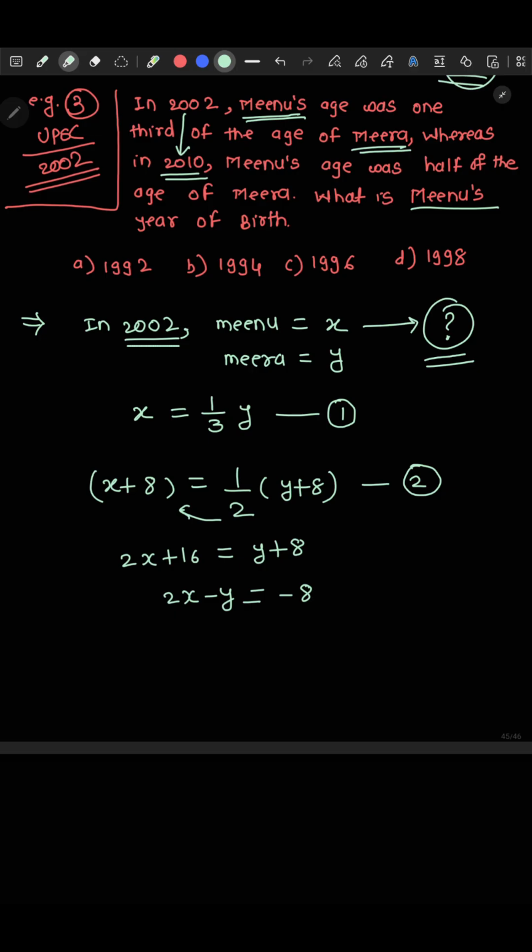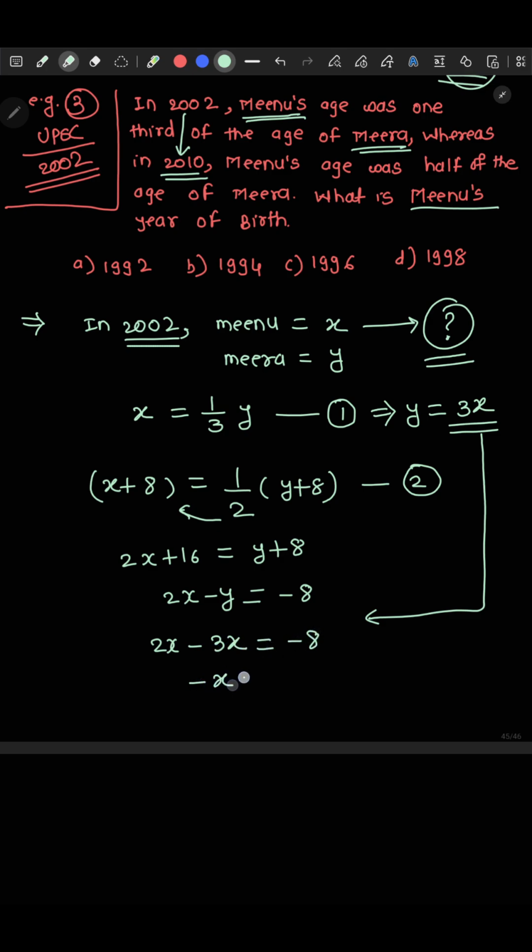Now what I need to do is find the value of X, so I will express equation number 1 in terms of Y. So in terms of Y, can I write Y is equal to 3X? Now I will put that value in this equation. So 2X minus 3X is equal to minus 8. That means minus X is equal to minus 8, and hence X equals 8. Now what was our assumption?